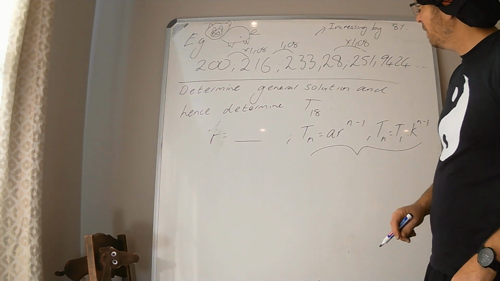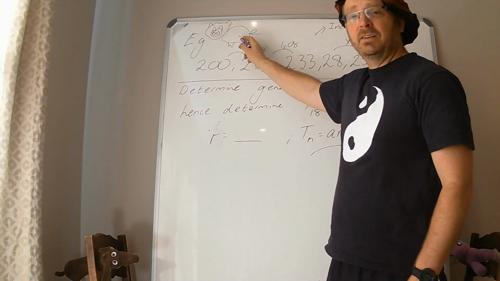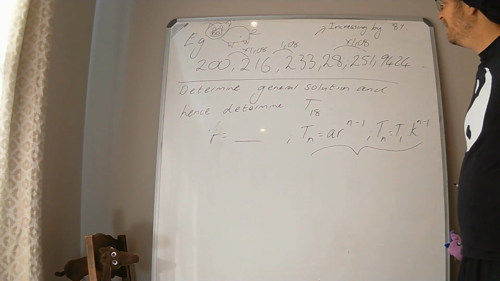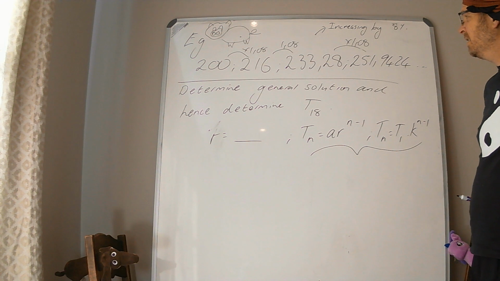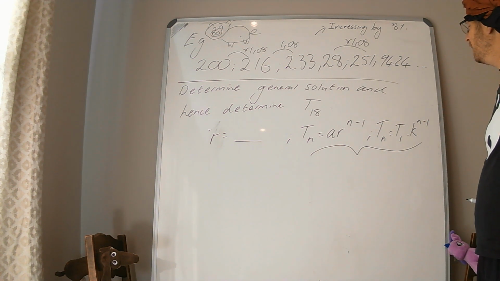Right, the last example was example pig. This example, if you can go back and check, the difference now is we've got example pig with a belly button. You've got 200, 216, 233,28, 251,924.